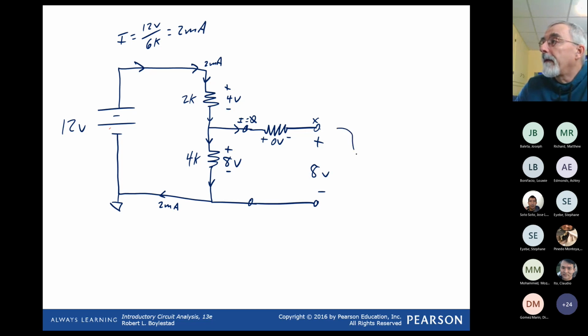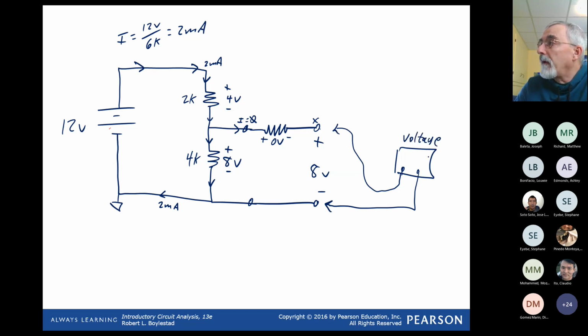If you then hook up your meter to measure voltage, a good voltmeter has a resistance which is very close to infinity. So I remains 0 and things stay the same.